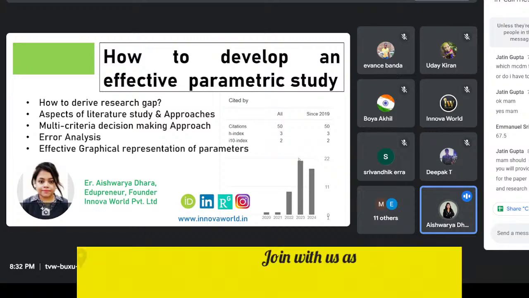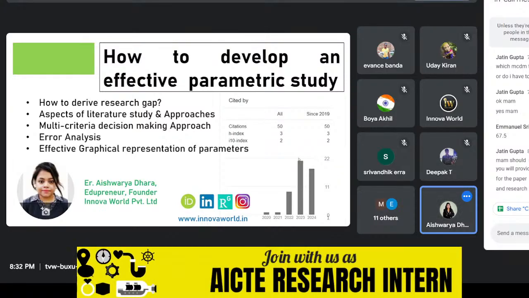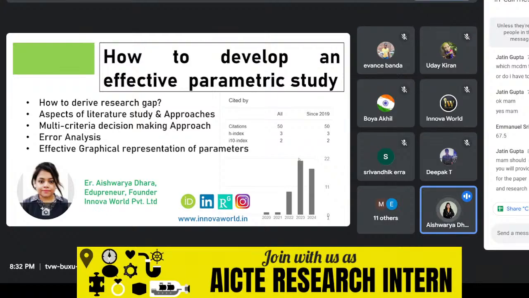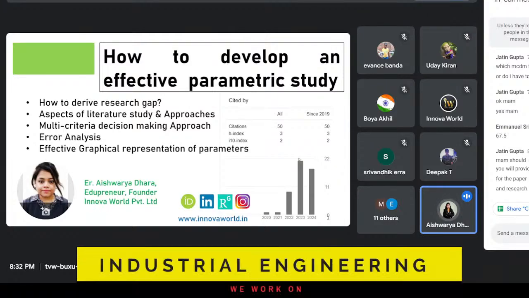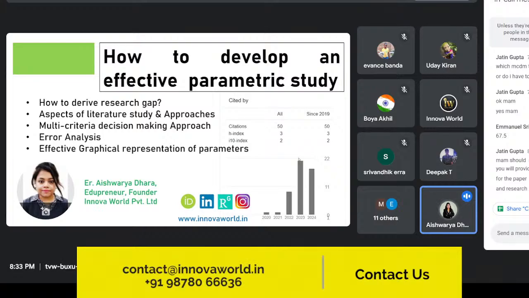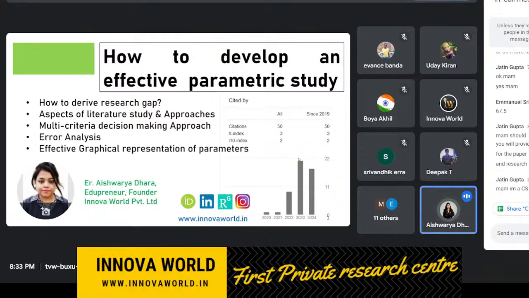Before proceeding, this will be your homework: how to derive your own research gap, and how to frame it. I have already clarified what the literature reviews are and how to proceed with that.